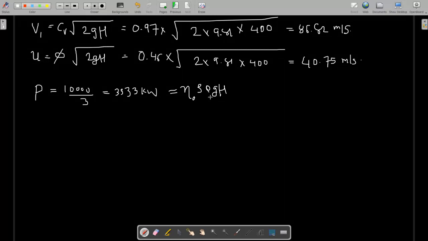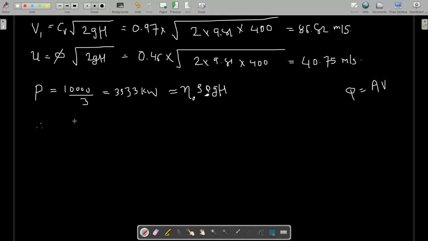So we will find first the discharge. Why discharge? Because the jet area is given by q equal to area into velocity. If you want to find the area, then this is the only way.